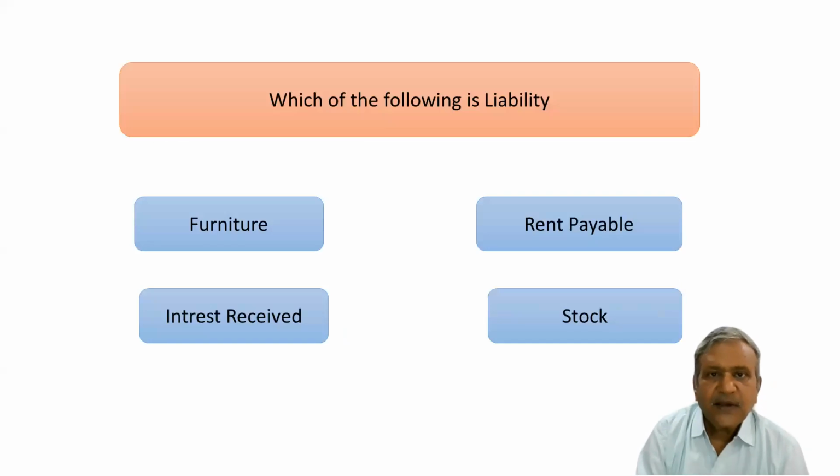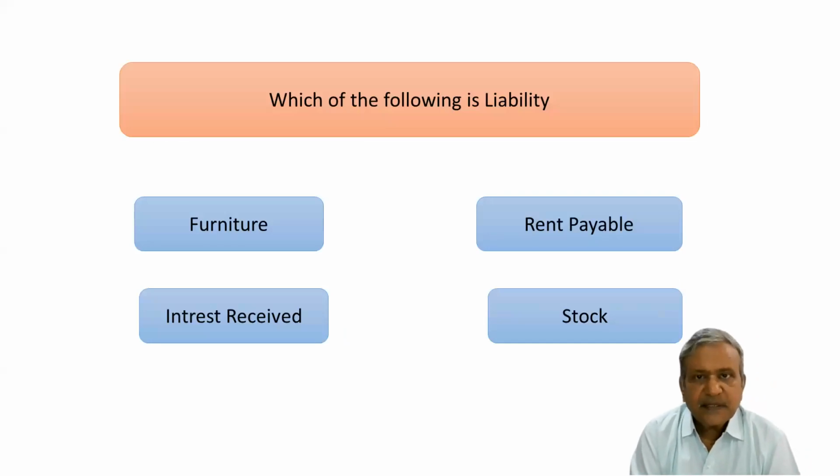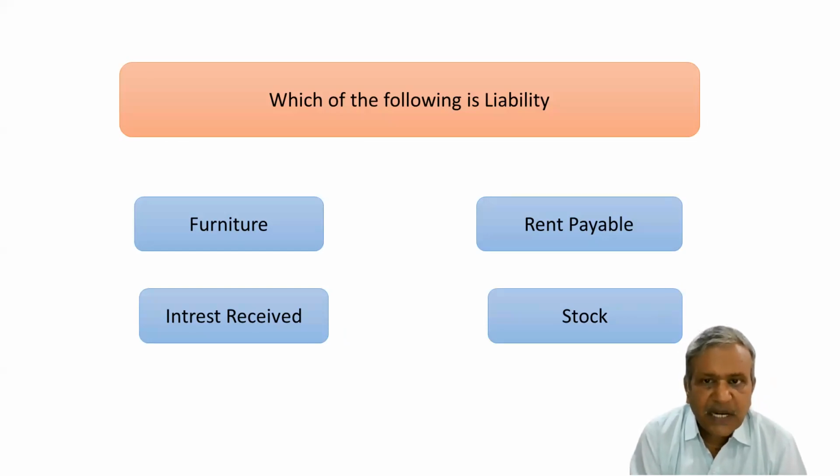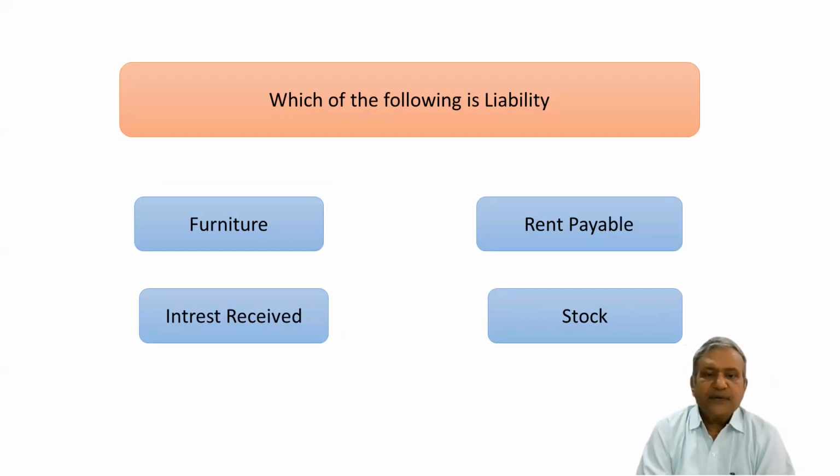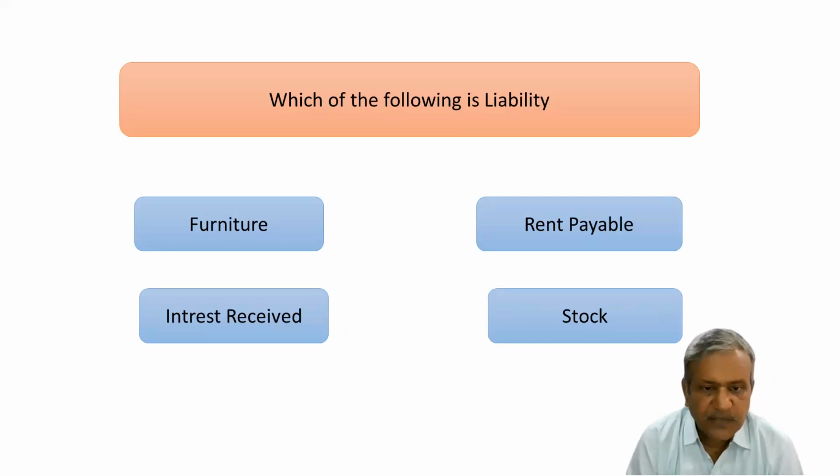Which of the following is a liability? Number 1, furniture account. Number 2, rent payable. Number 3, interest received. Number 4, stock. I think all of you can answer very well. Yes, Raghu, 2. Mustafa, 2. Sundari, 2. Rakesh, 2. Naveen, 2.